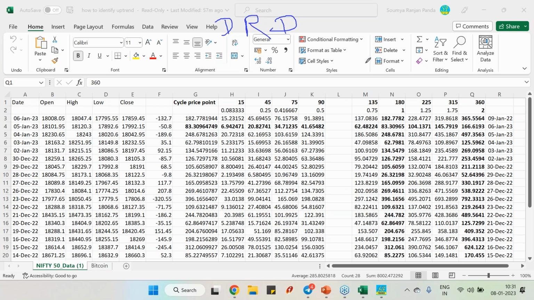Once it became discrete random data, all our indicators and oscillators, RSI, MACD, all those that used to give you 70 to 80% success, their success has come down to less than 50%, because the problem is not with that method. The data has changed.